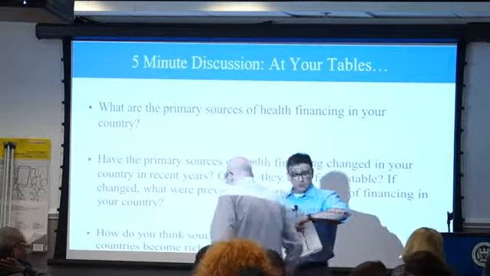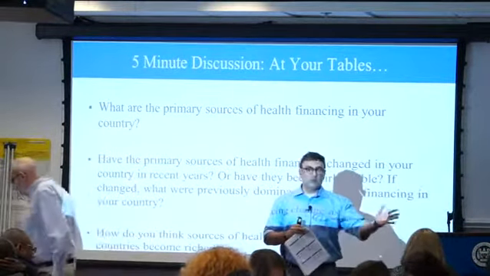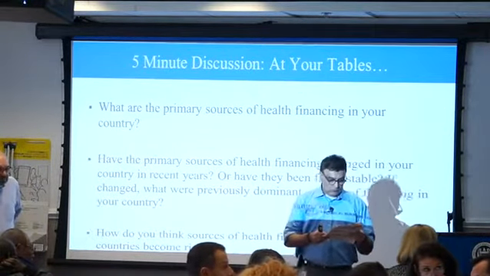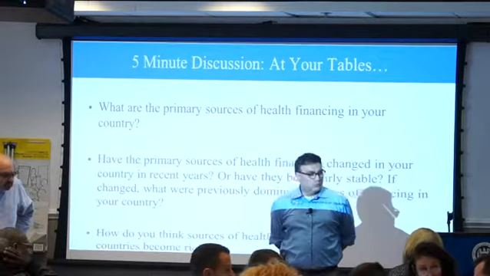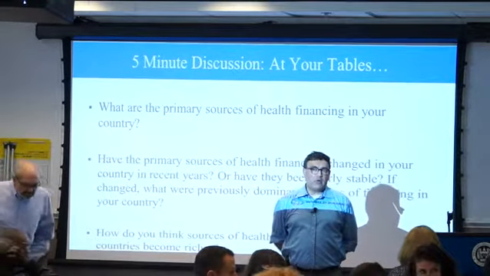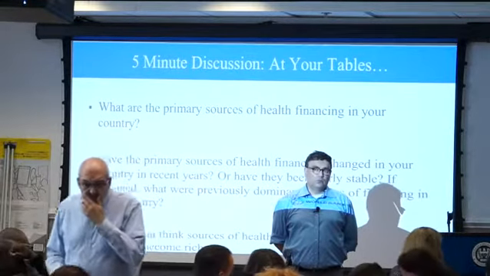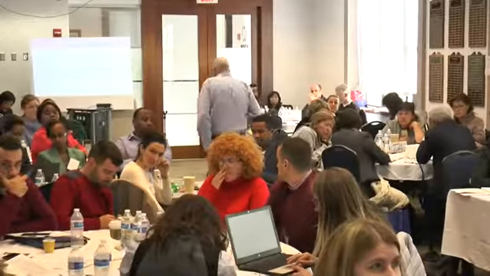Partially I provided such information in the previous session, but I will repeat, sorry. In Moldova, the primary source of health financing is the contribution to the health insurance fund from employer and employee.